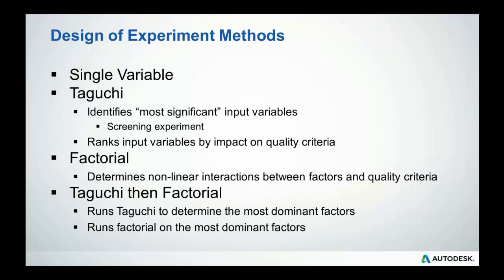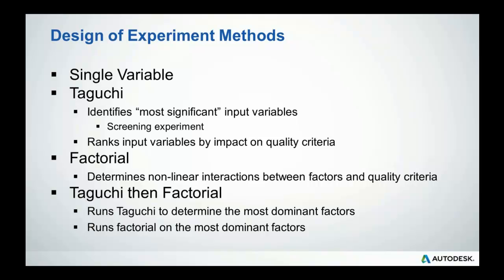Taguchi gives us the ability to identify what the most significant variable inputs are. It's basically a mechanism for screening the variations that happen inside of a given process and then giving ranking to it. A factorial is significantly more complex, where we actually take all the variables that we want to use and we manually change them all, and then we get the ability to tinker with them all and see what the ability to change is.